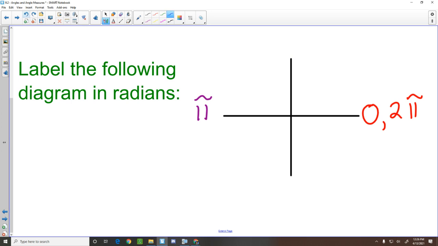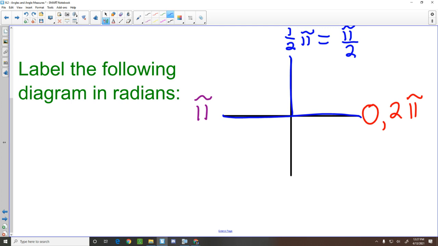If all the way over to here is a whole pi, well, if I cut that in half, I have literally half of a pi. The way we'd write this, instead of writing 1/2 of a pi, is you're going to see that written as just pi over 2. It's literally pi divided by 2. So straight up, the positive y-axis, 90 degrees, is actually pi over 2 radians.